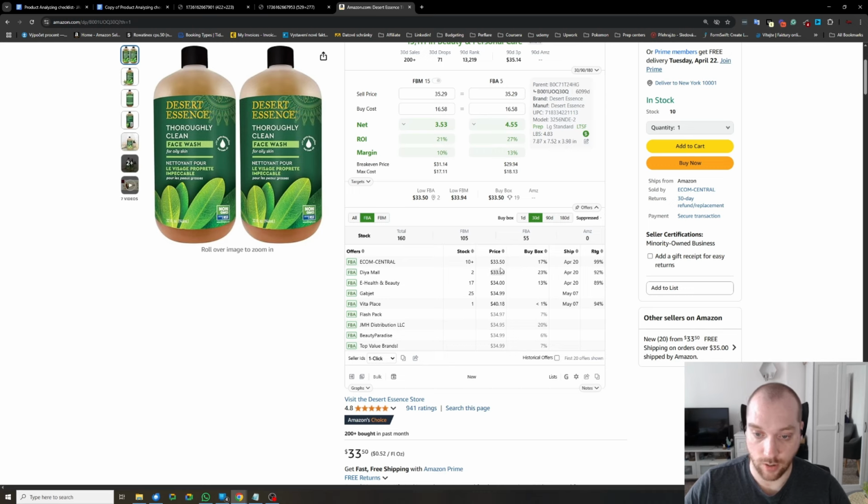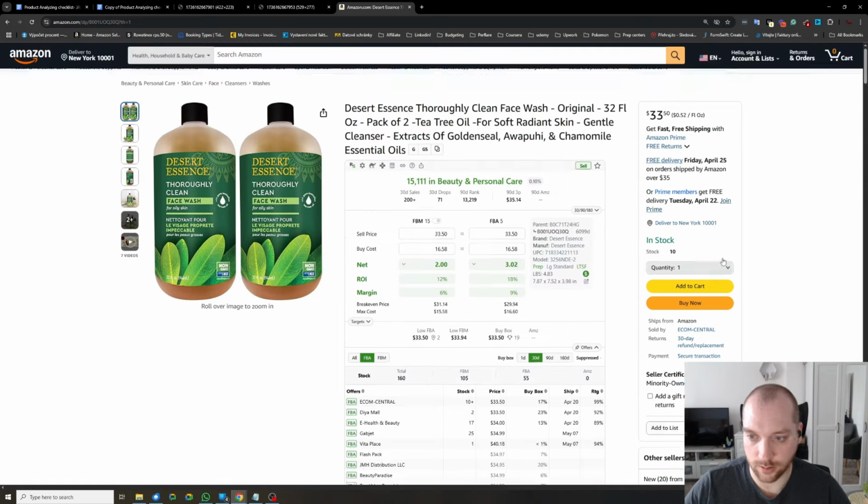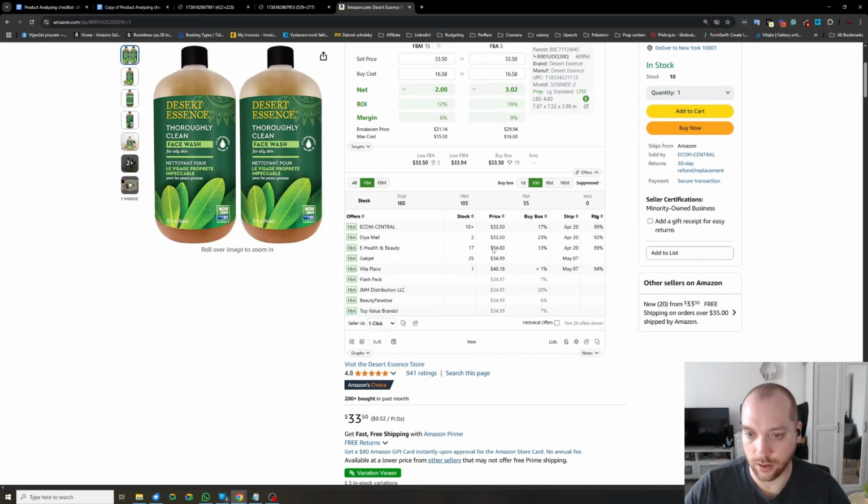So everybody has a similar price. The stock isn't something to be scared of. So I would still consider these 3 as competitors.